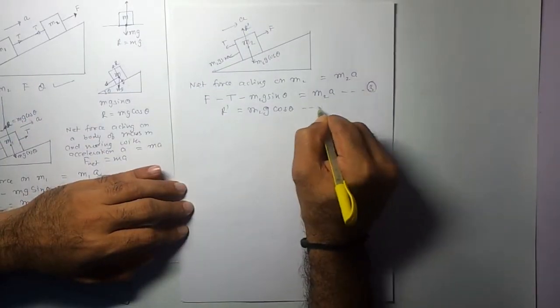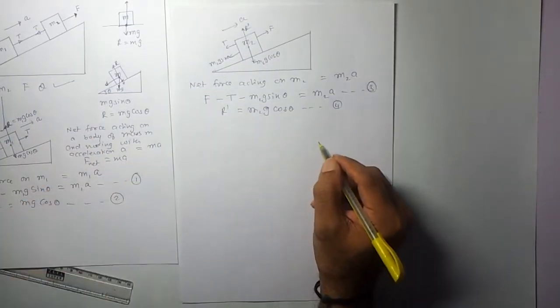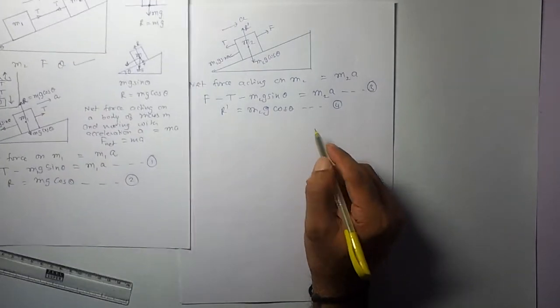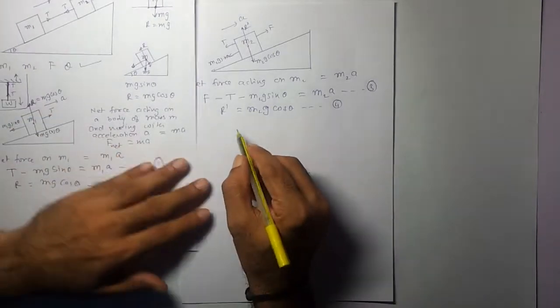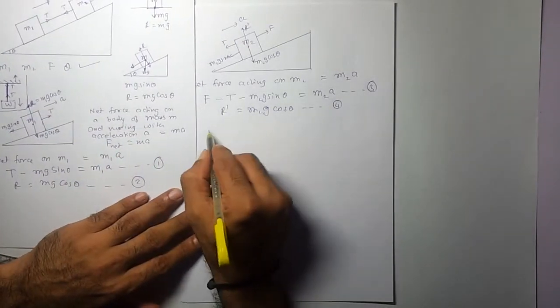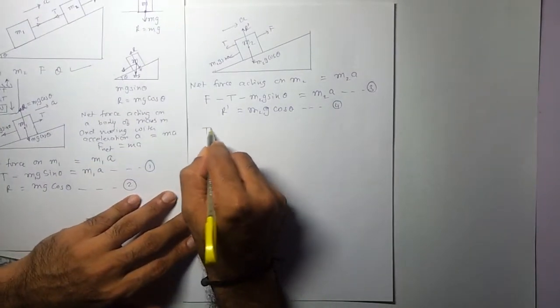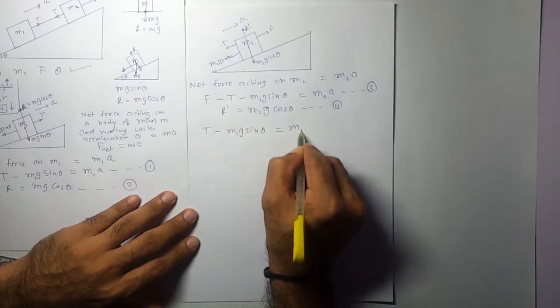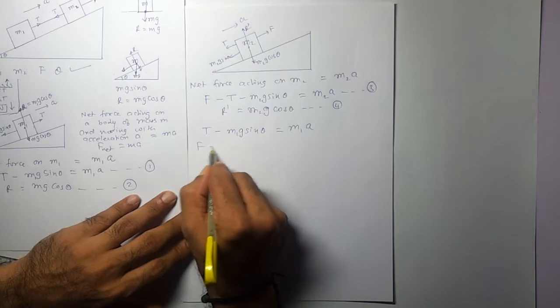Now, let me focus on equation 1 and 3. Let me write them down again: T minus m1g sin theta is equal to m1a, and F minus T minus m2g sin theta is equal to m2a.